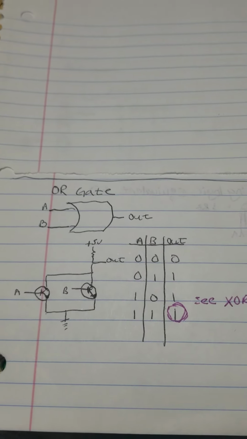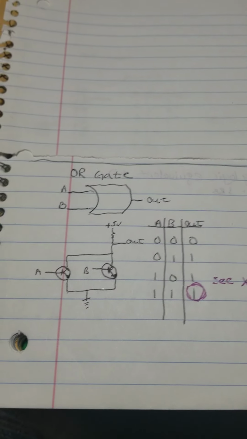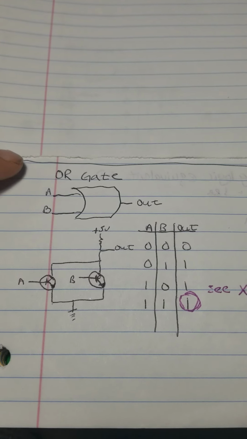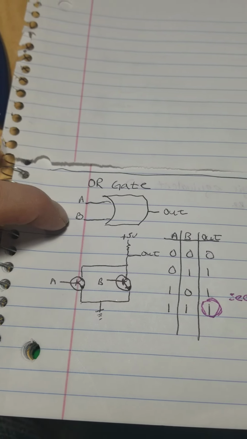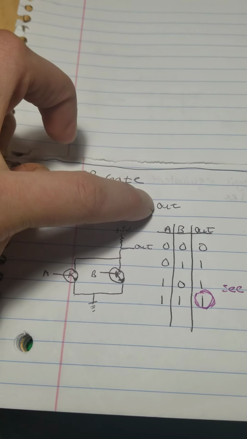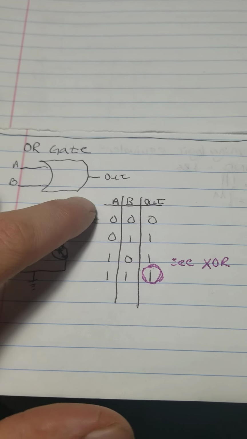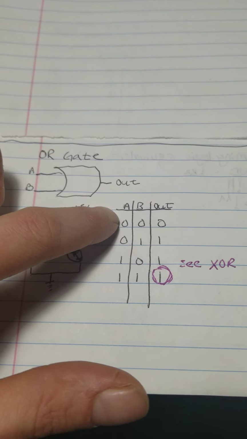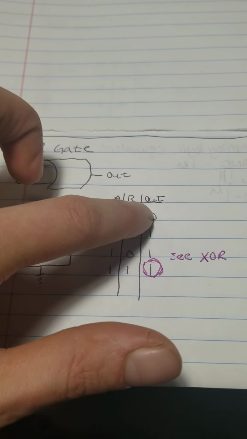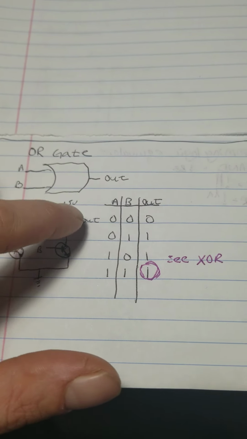Another type of gate is an OR gate. And this one we're saying if A is on or B is on, then turn this guy on. And this is the truth table for that. So if neither A nor B is on, you're not going to get on your output, you're going to get off.